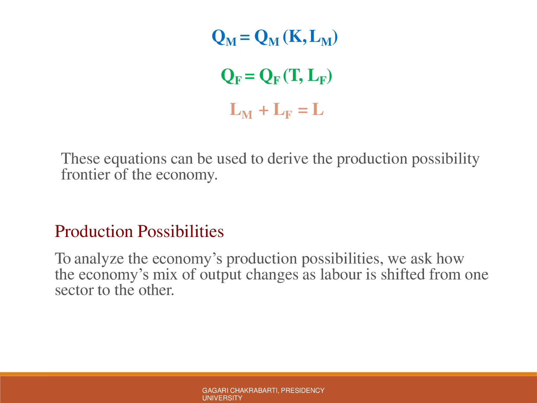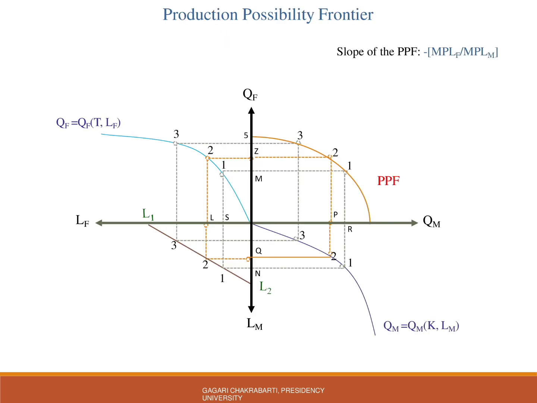So let's see how this production possibility frontier is drawn for the home country. So we are considering typically a 4-quadrant diagram. So on the first quadrant, we are showing QM on the horizontal axis and QF on the vertical axis. So in this plane, we shall be plotting the PPF.